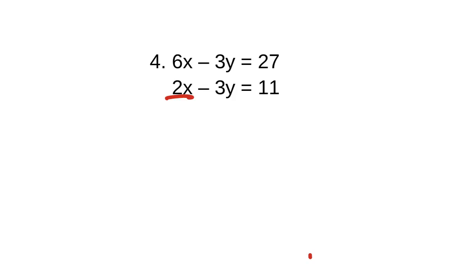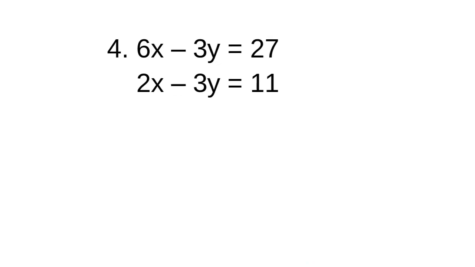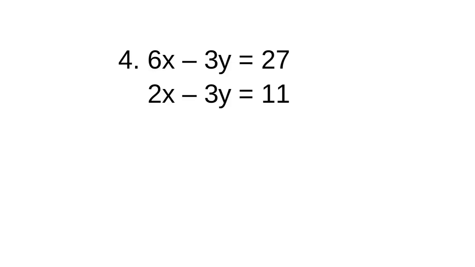Cristobal. Say that again. Multiply this by -2. Is that what you said? No, I don't think so. If I do that, I get -4x, and I'm going to get +6y.